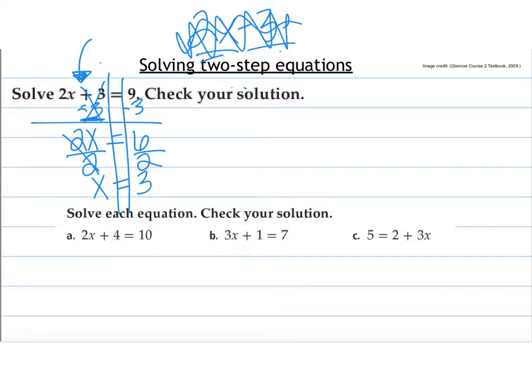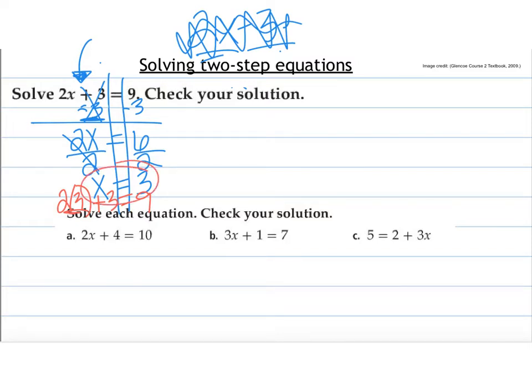So if x equals 3, I'm going to literally rewrite the equation exactly how it started. 2 times 3 plus 3 equals 9. I do order of operations, so 2 times 3 is 6 plus 3. I get 9. That works, so x equals 3.